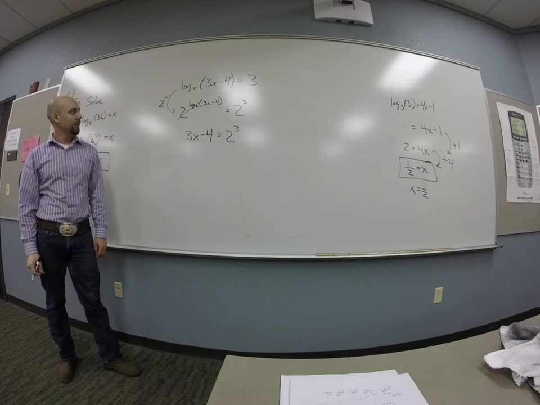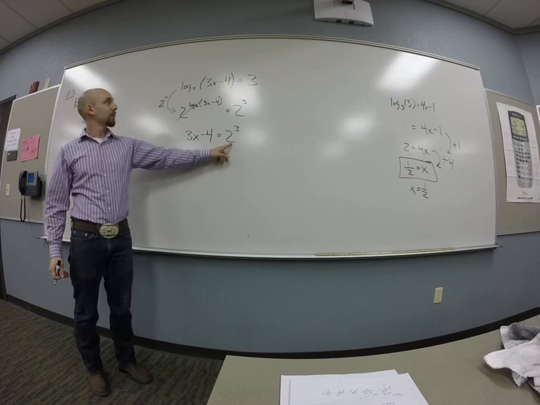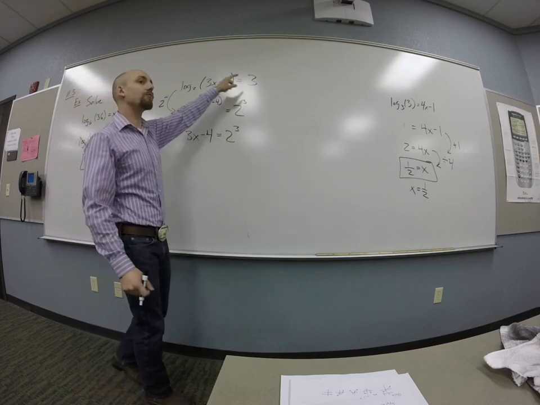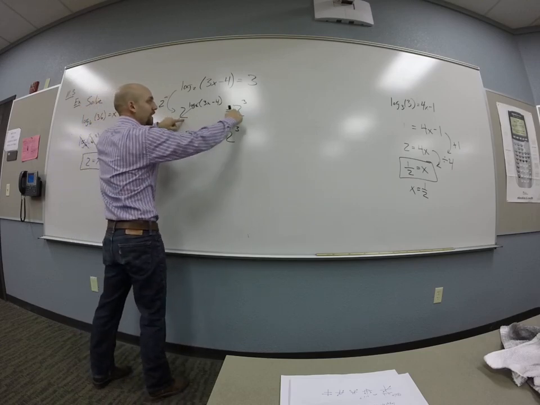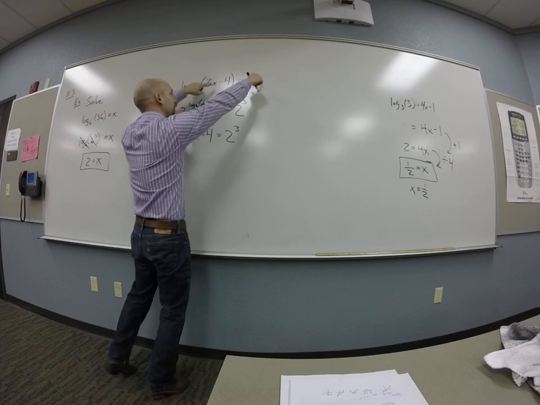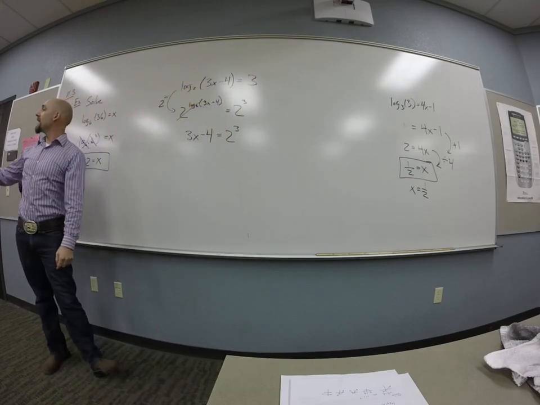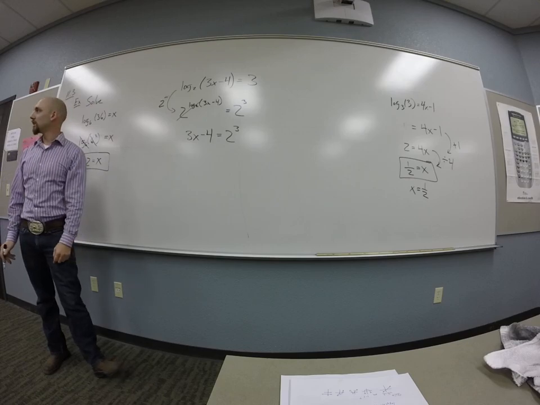Why not 3? No, I started with a 3 over there, and then I raised both sides to the 2. So I put a 2 down here, and then put both these sides on the exponent. Now I can just solve for x, because I know what 2 cubed is.